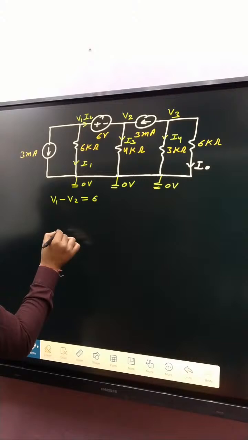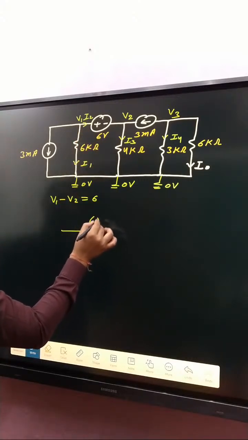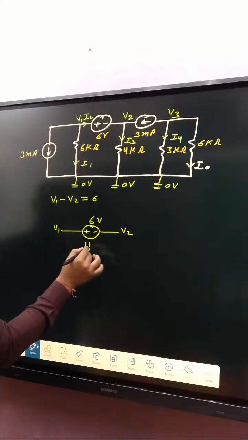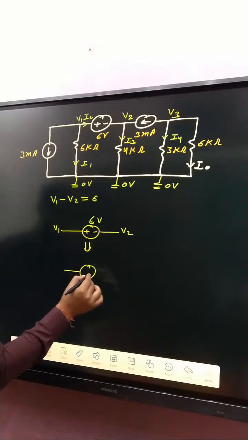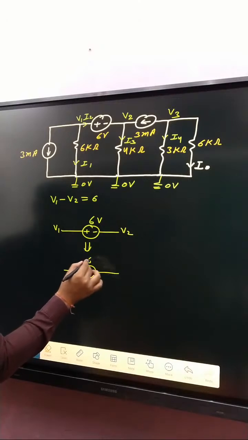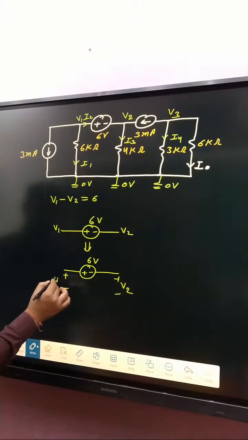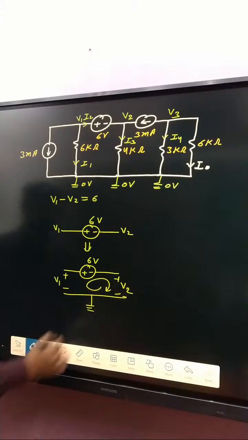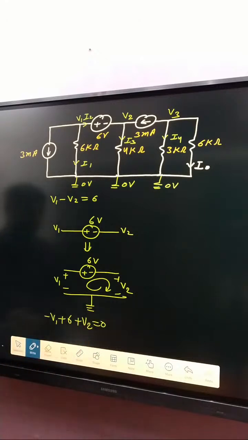If anyone phased out, why did you write 6 volt? Now let's check. This one is given as plus-minus 6 volt, and here V2, here V1. If we apply KVL in this loop: minus V1 plus 6 plus V2 is equal to 0.